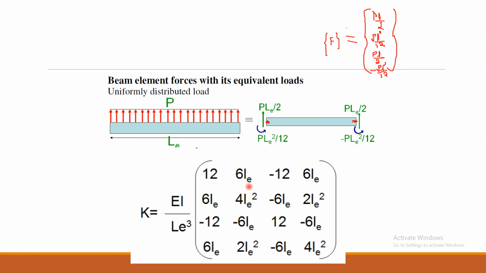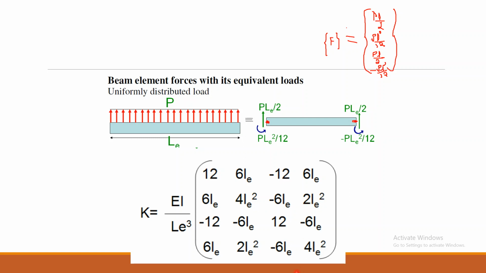Coming to the stiffness matrix of the beam element, K is equal to EI divided by LE cube, where LE represents the length of the element, multiplied by a 4 cross 4 matrix denoted by these quantities: 12, 6LE, 6LE, 4LE square, as well as 2LE square.